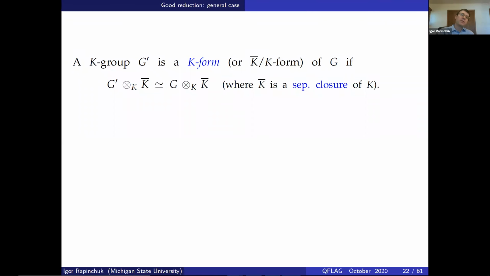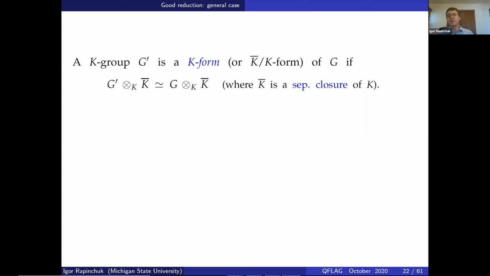So let me briefly recall the notion of K-forms, although I probably don't need to do it in this seminar. But just a little bit of context as to why we need this notion. In Shafarevich's conjecture, one deals with abelian varieties of a fixed dimension.